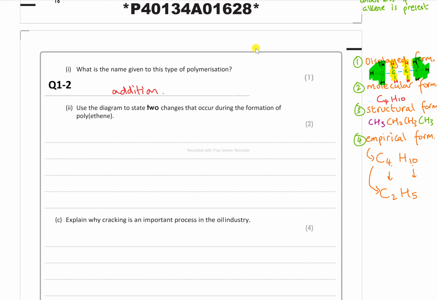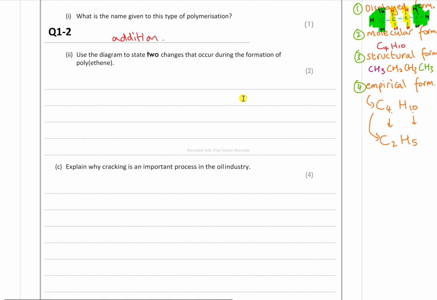Use the diagram to state two changes. The double carbon to carbon bond breaks.